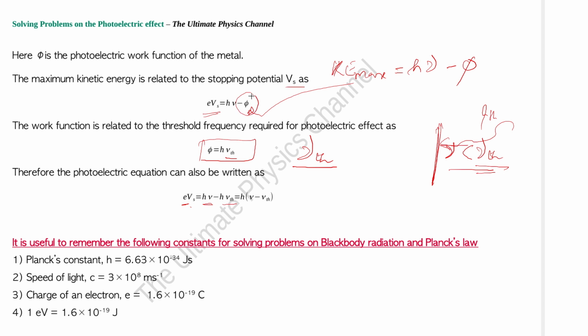Instead of phi here, we have put h nu th, that is Planck's constant h times the threshold frequency, and this can again be equated to the Planck's constant taken out as a common factor, h times nu minus nu th. So these are the expressions that we would need while solving the problems on photoelectric effect.